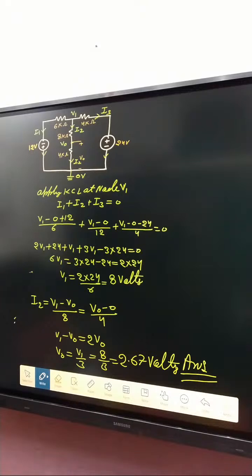If anyone faced any difficulty, comment it, I will discuss again. Otherwise, solve it and check whether your answer is right or wrong.